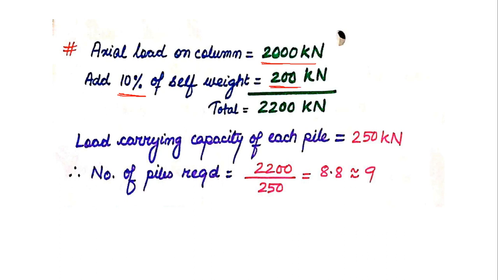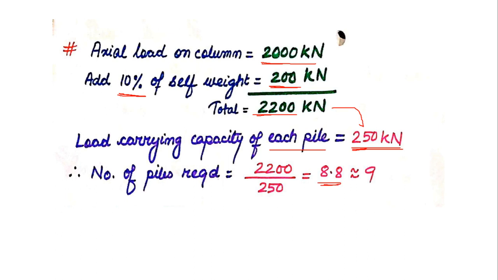So the total load which the pile cap will be facing is 2200 kilonewton. And I also know that the load carrying capacity of each pile is given to me as 250 kilonewton. So if I divide 2200 by 250 kilonewton, I will be getting the number of piles required below the column, right? So if I solve this, I will be getting 8.8.